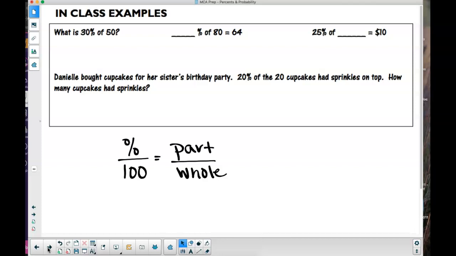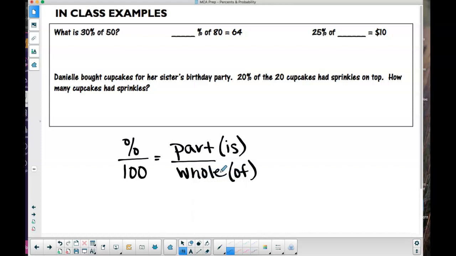Which one went with which? Of is whole, is is part. Okay. So write that down so you have that proportion to look at, because when we solve these, we're really just filling that in.